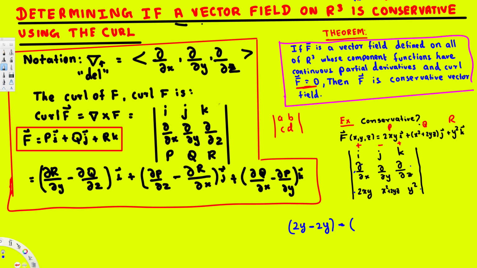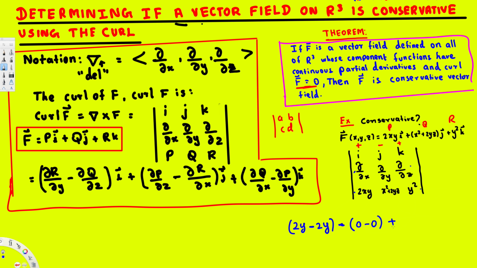If you multiply partial derivative with respect to x by y square, since we don't have any x variable here, it is treated as a constant, so this is going to be just 0. On the other side, we don't have any z variable, so this is also 0. So 0 minus 0 doesn't do anything.